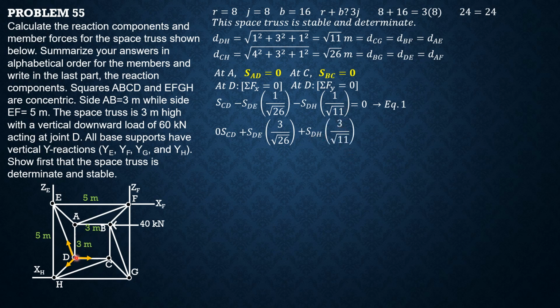Then there is a load there which is downward, equal to 60 kilonewtons. So plus 60 because downward is positive equals 0, so equals negative 60.